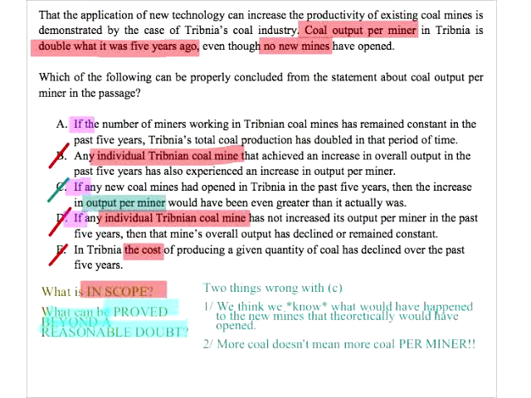Versus choice A, if you set the number of miners to be the same, then the coal production must have doubled.